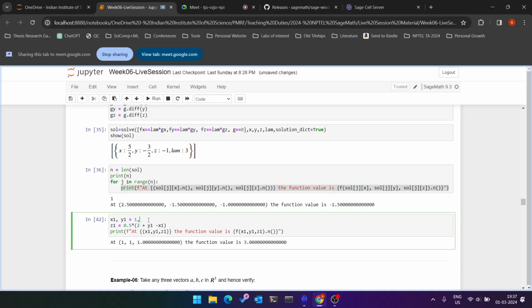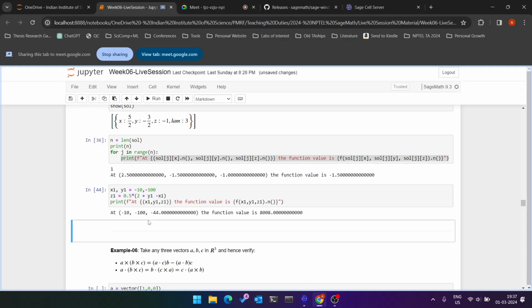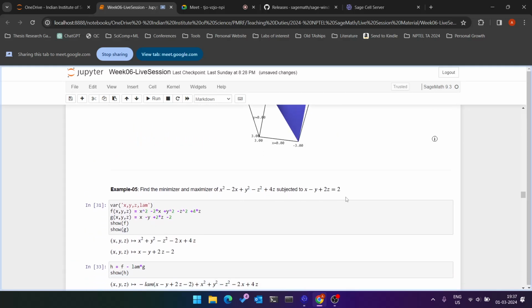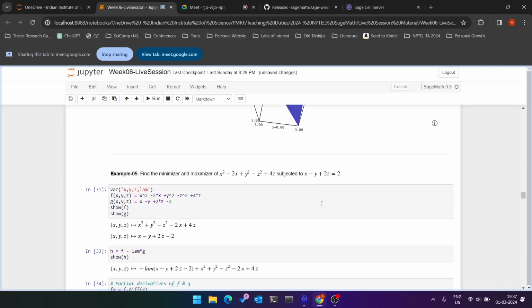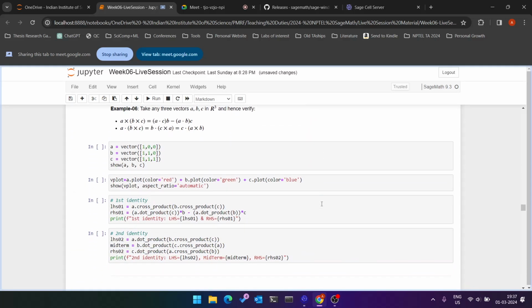And so if I do 5, if I do minus 10, minus 100, this is what we see. So it seems from this we can infer that the extremum point that we have calculated is minima for this function subjected to this constraint plane.